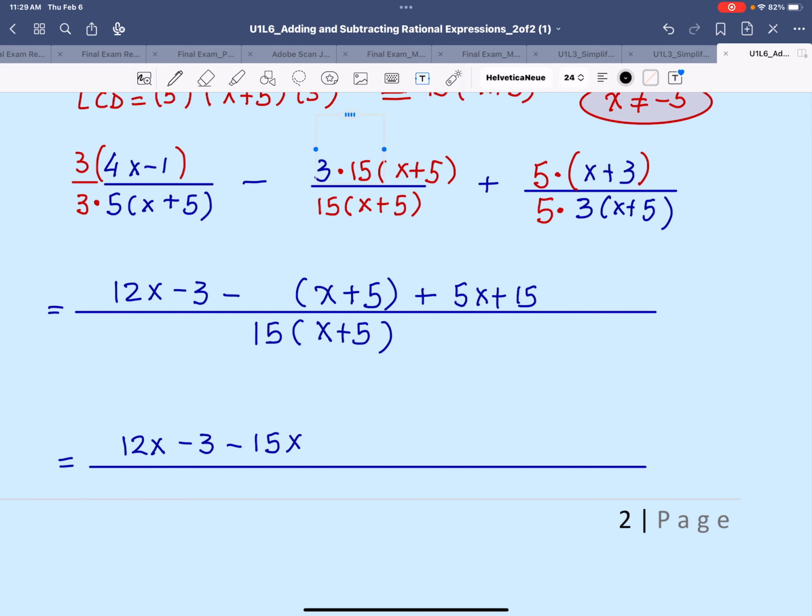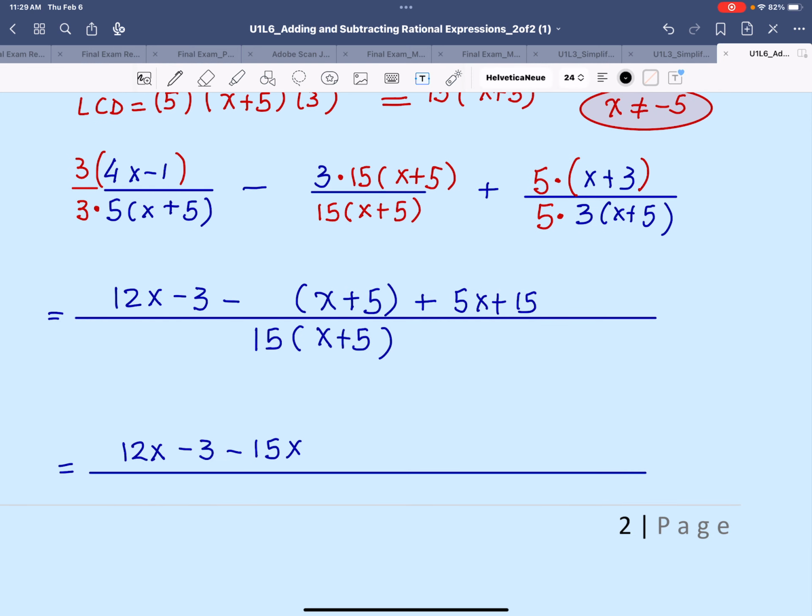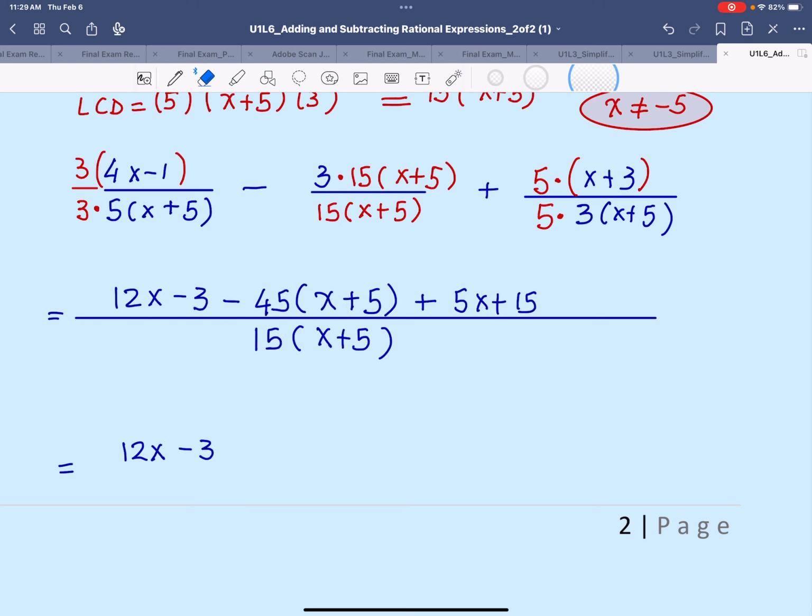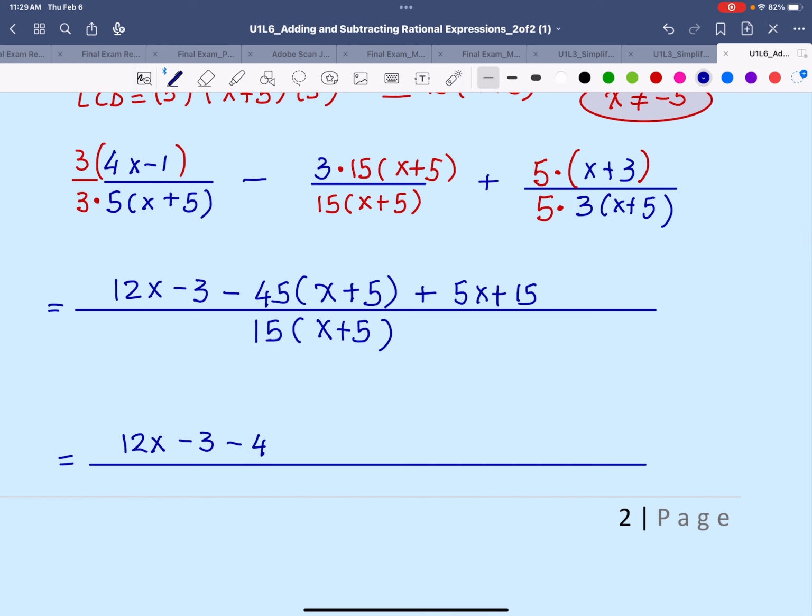So 3 and 15 would be equal to 45. And we have minus 45x, and then minus 225, 45 times 5, yep. And then plus 5x plus 15 over 15x plus 5.